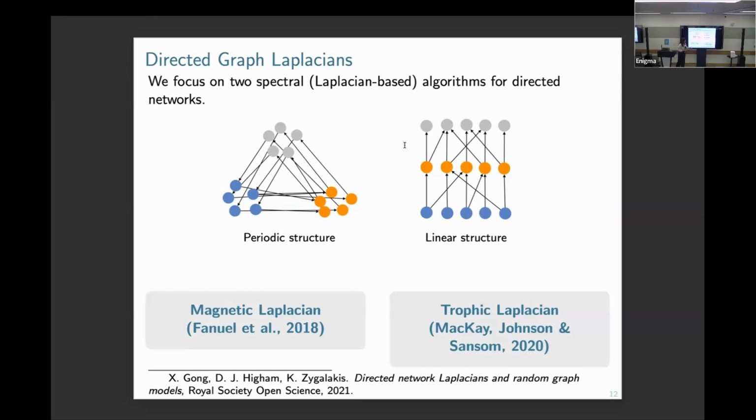In the trophic Laplacian, there's a linear structure. There's a base group, and there's a group on the top. So there's a clear starting and end group. This is based on one of my works, joint with Higham and Konstantinos Zygalakis in Edinburgh.